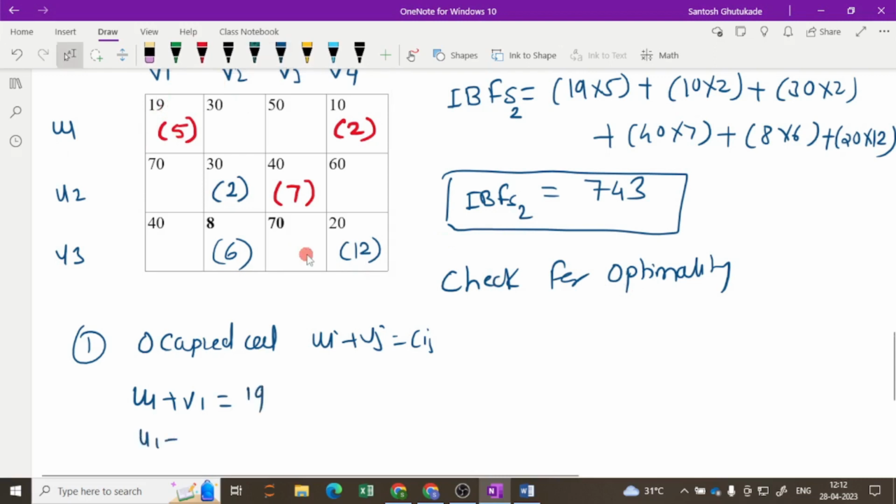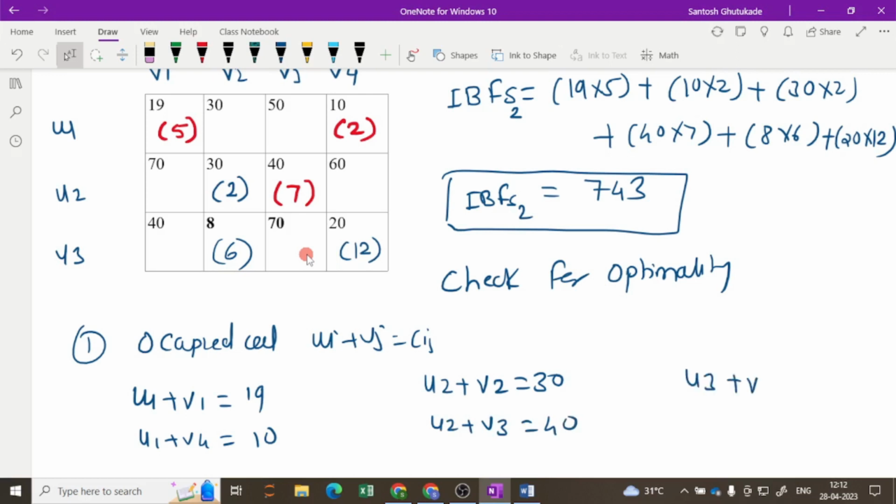Similarly u1 plus v4 is equal to 10. Similarly u2 plus v2 is equal to 30, then u2 plus v3 is equal to 40, and u3 plus v2 is equal to 8, u3 plus v4 is equal to 20.